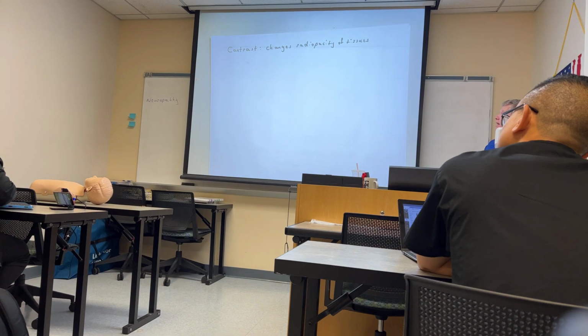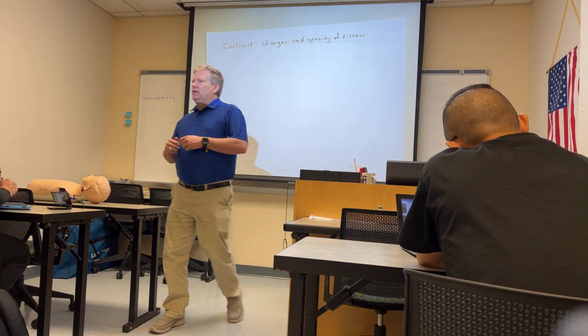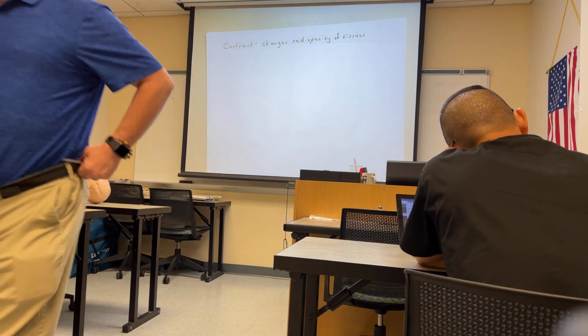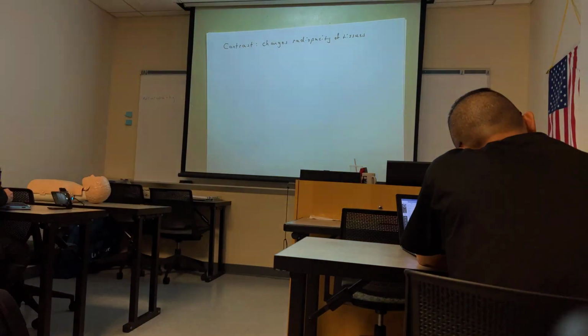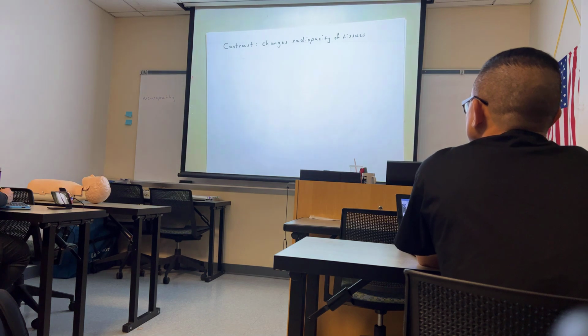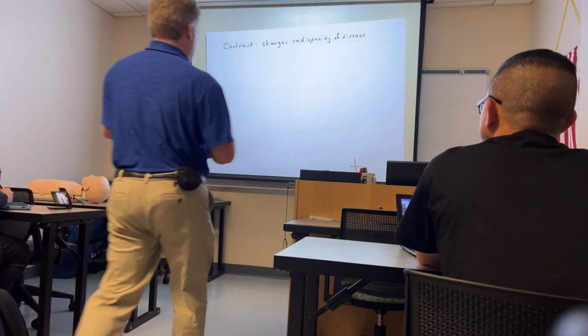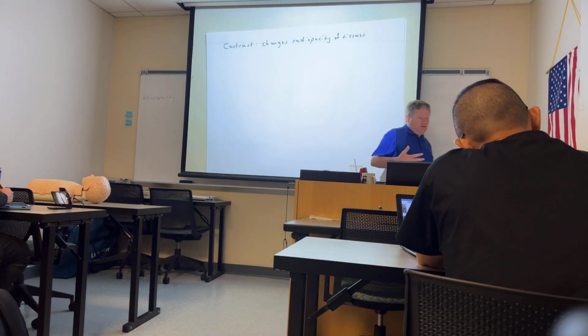Okay, a contrast is something that changes the radiopacity of vessels. It makes something called radio-opaque. Now, if you go back to radiation physics, radio-opaque means it does what? If something's radio-opaque, what does it do? It turns white. Well, it does. How does it do that?